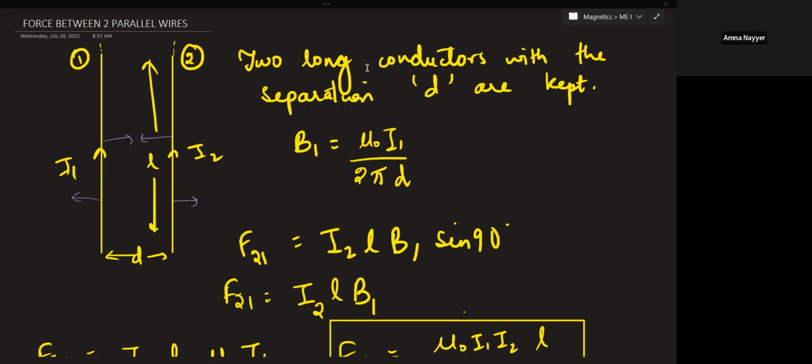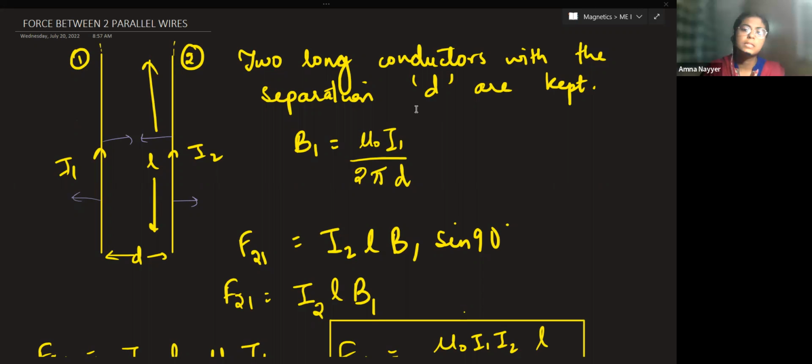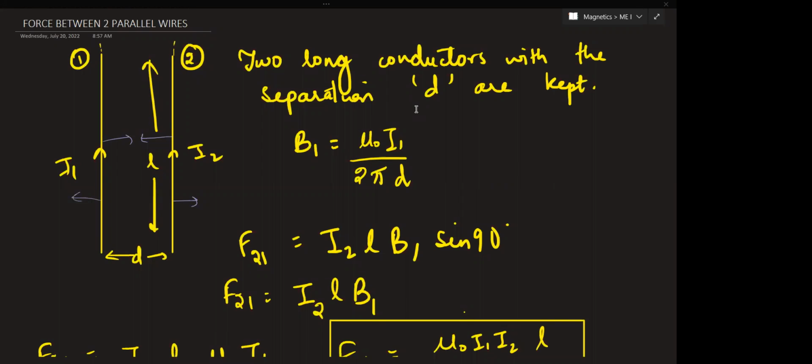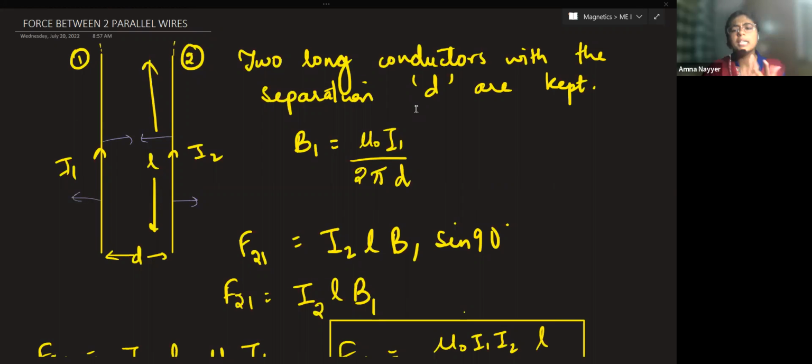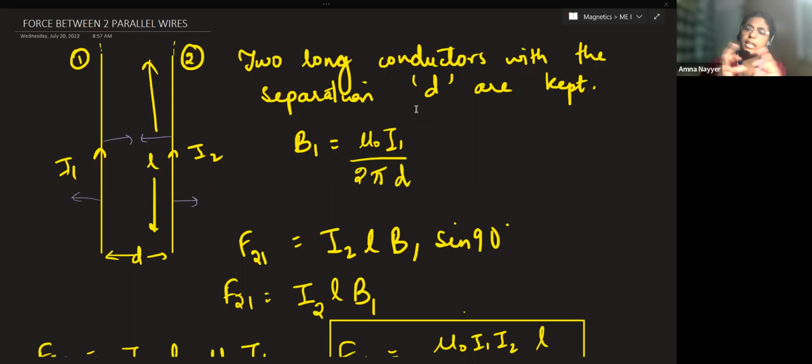Yes, Asta. Ma'am, in the numericals, if it's given long wire, we should consider it as infinite? Yes, infinitely long. If it's given a long wire, long means infinite only. In solenoid and toroid, which we have done in this batch, even if it's given a long solenoid, it means an infinite solenoid.